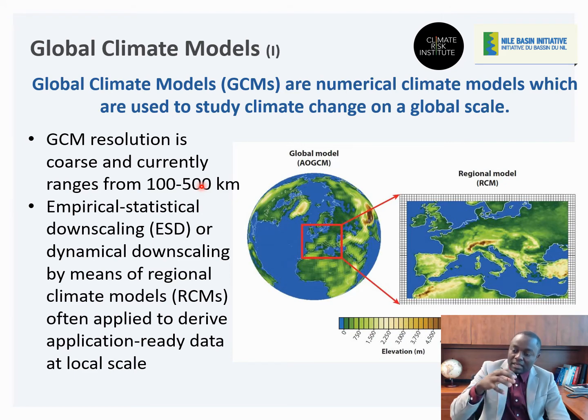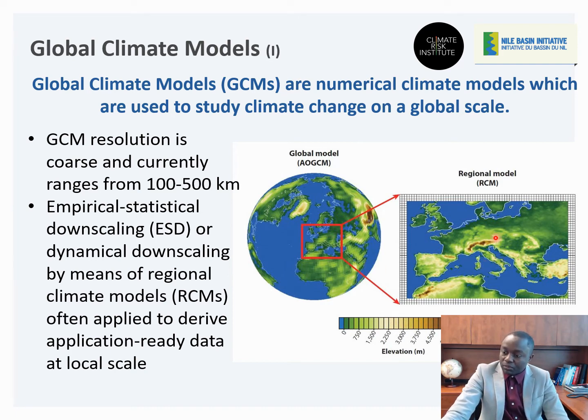So typically, to use these model outputs in climate risk assessments, we apply what is known as downscaling. Downscaling basically helps us to translate what the global climate model, the GCM, simulated at a very large scale down to a very small scale. It could be a small region such as this, or a particular project site.